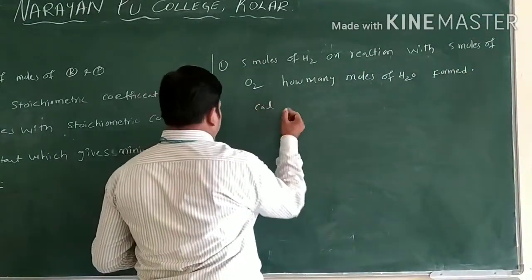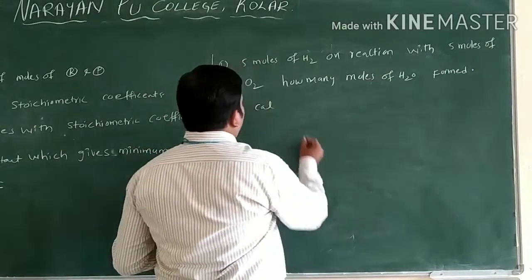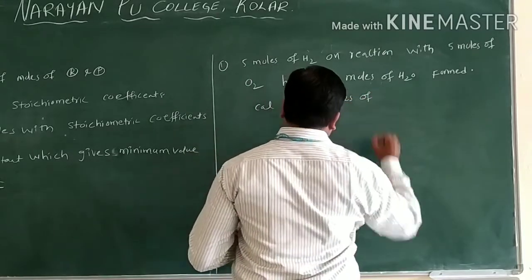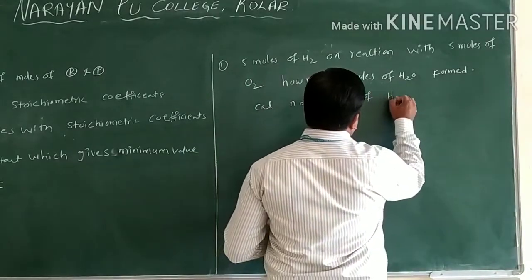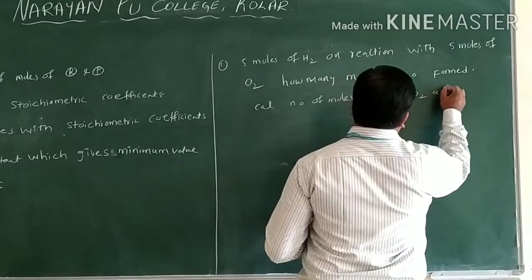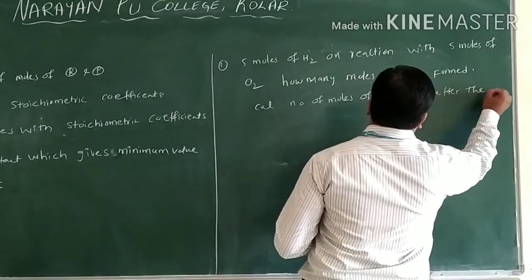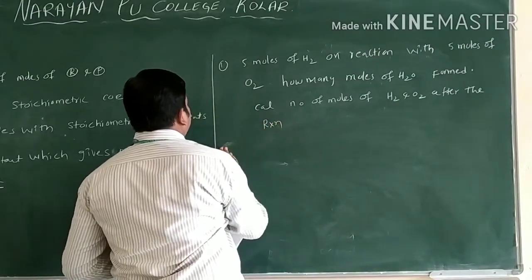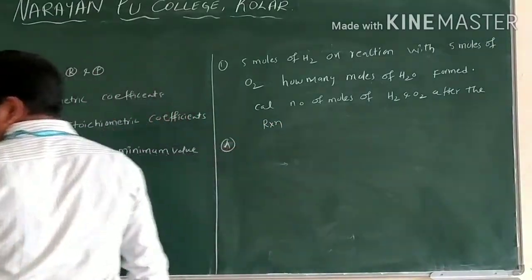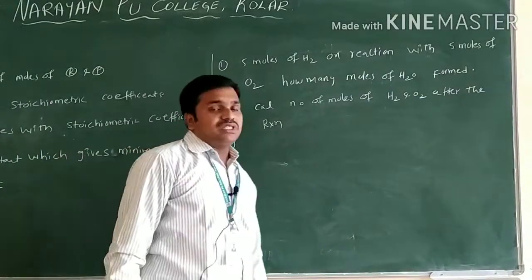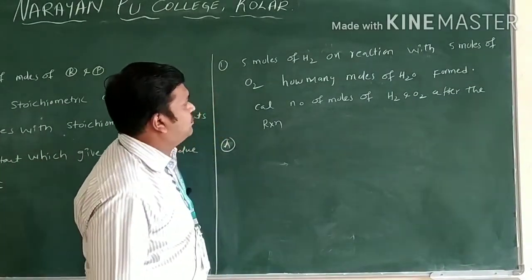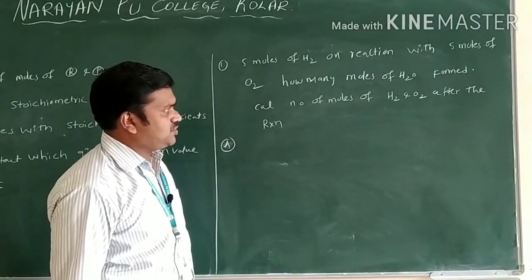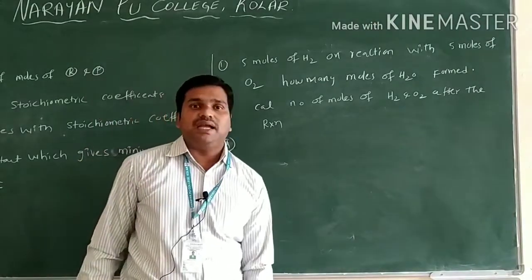Calculate the number of moles of H2 and O2 after the reaction. So this is the question they are asking: 5 moles of H2 on reaction with 5 moles of O2, how many moles of H2O is formed, and calculate the number of moles of H2 and O2 after the reaction.